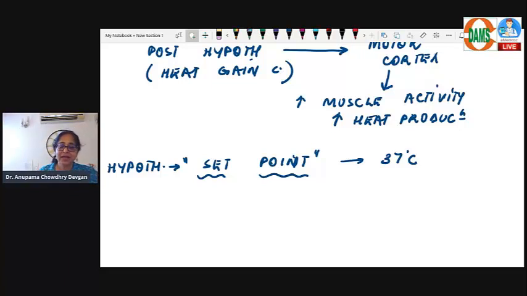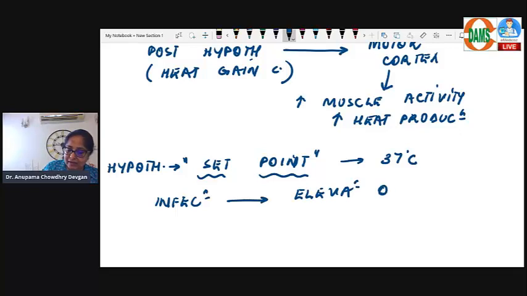Now, in fever, what happens whenever there is an infection? The set point rises. Because of macrophages, release of interleukin-1, there is an elevation of the set point.